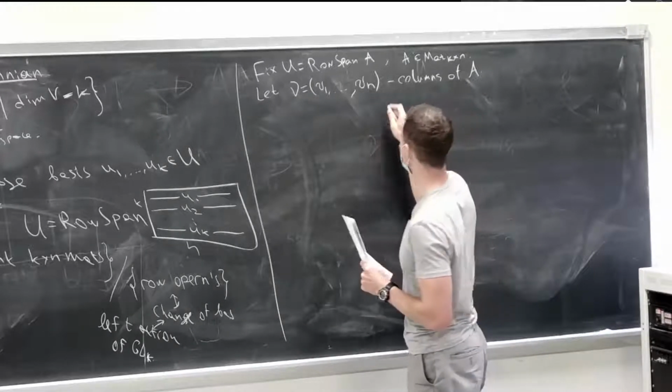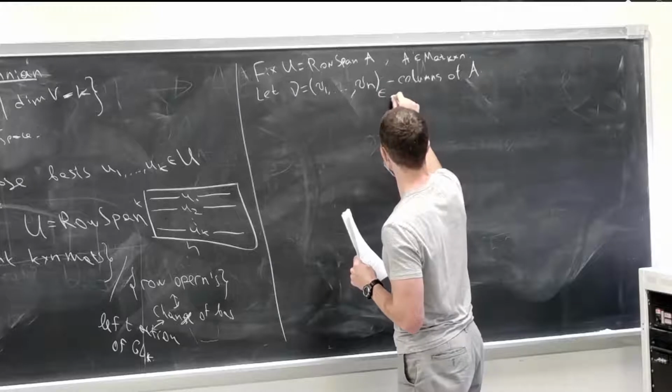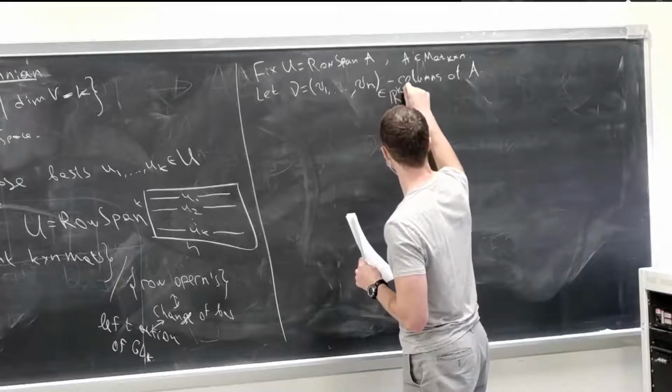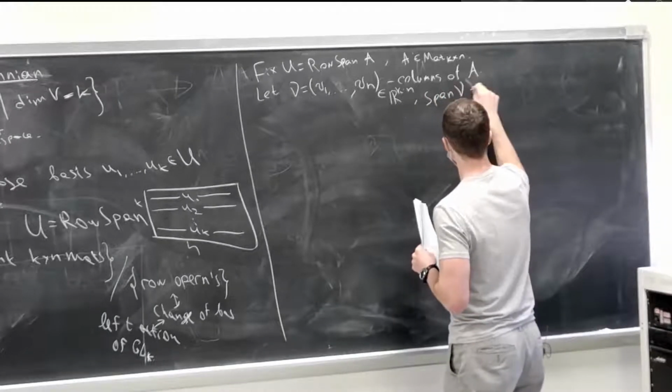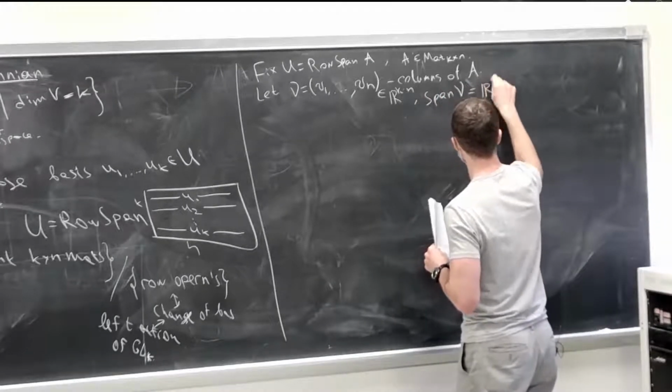So it's a vector configuration in R^K, and the span of V is the whole space R^K.